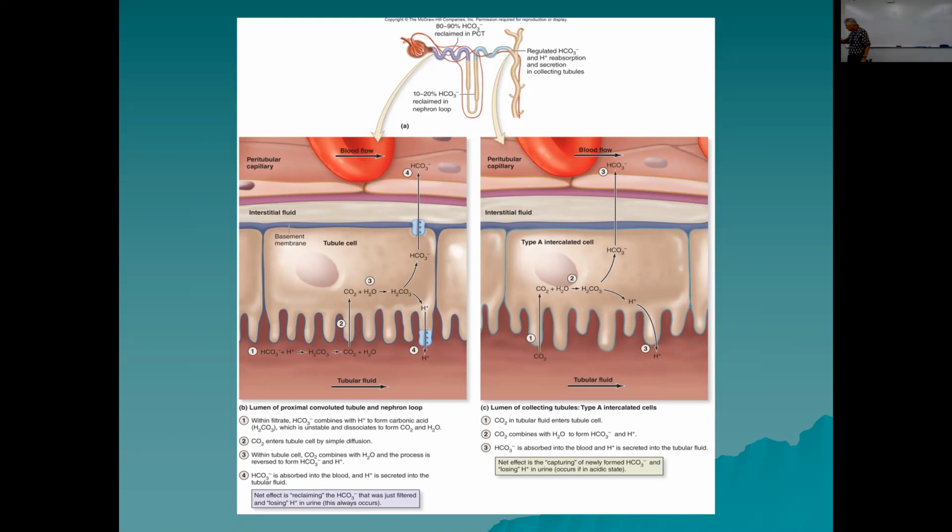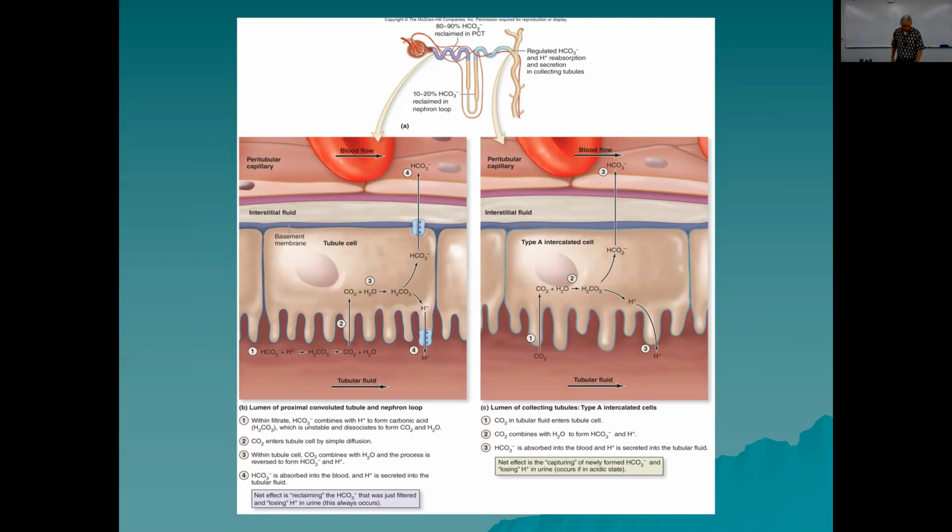That's automatic in the PCT and the nephron loop, and regulated for hydrogen ion and bicarbonate reabsorption and secretion in the collecting ducts. So the type A intercalated cell will secrete hydrogen ions. The type B will secrete bicarbonate, depending upon how acidic and how basic your blood is.